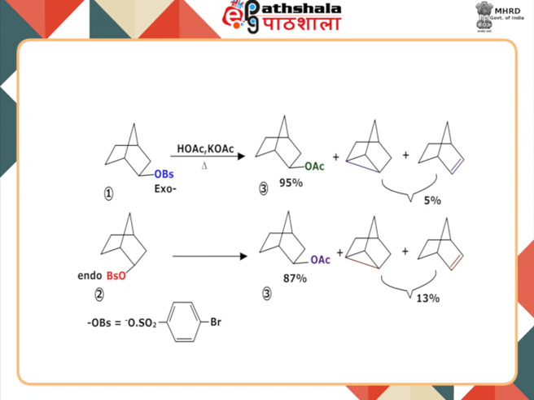The rate of racemization, as measured from specific rotation, is greater than solvolysis in the case of the exo isomer. Another thing to notice is that the rate of racemization is equal to the rate of solvolysis in the case of the endo isomer, and these two facts you can consider for comparison. The solvolysis rate of endo-brosylate is nearly equal to that of cyclohexyl brosylate, and the relative rate of 1 to cyclopentyl brosylate is 13.